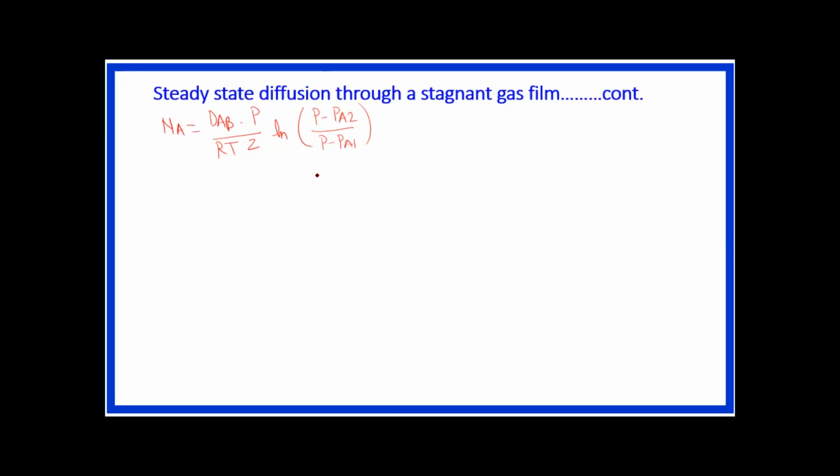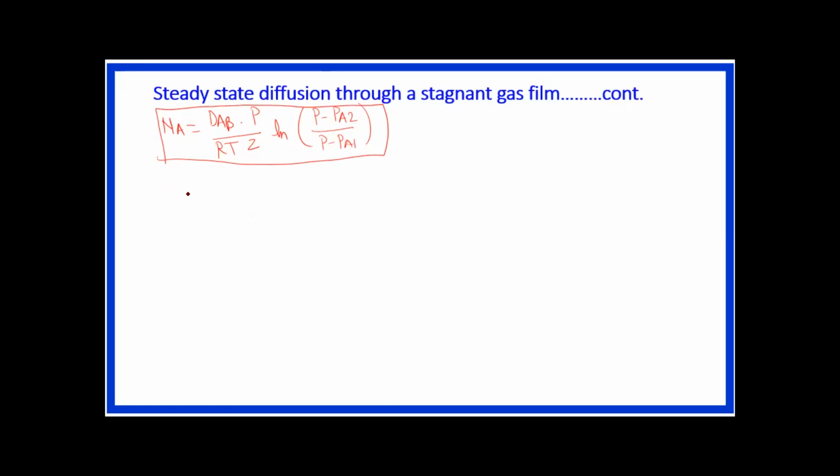So minus sign gets cancelled. Then we have applied the limits, that is Pa1 and Pa2, and from the left hand side the Z is carried on the right hand side denominator. So this is one of the equation, that is for the calculation of molar flux of component A of steady state diffusion through a stagnant gas film in terms of partial pressure, right?